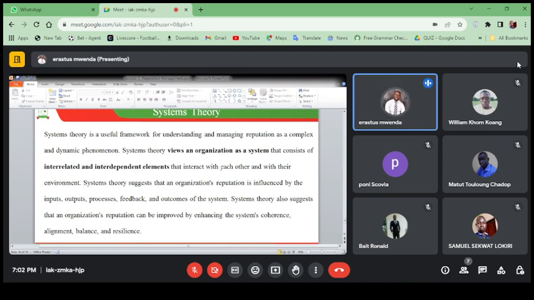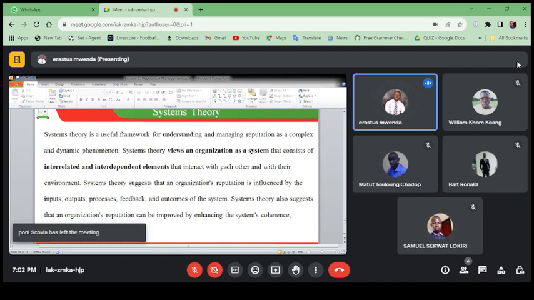So we need to have coherence, alignment, balance, and resilience. For this system to work, we need to put in our efforts so that we can realize that what we are calling a system is working. And when a system is working, everything within the system is moving towards realizing the final goal or objective.